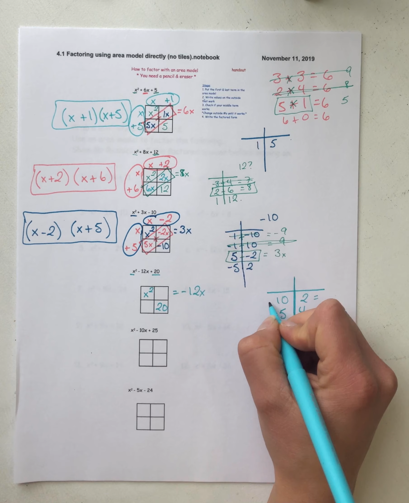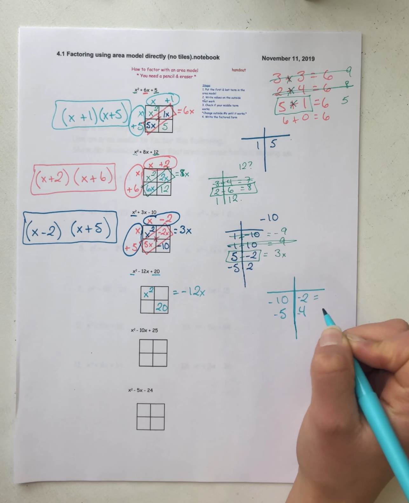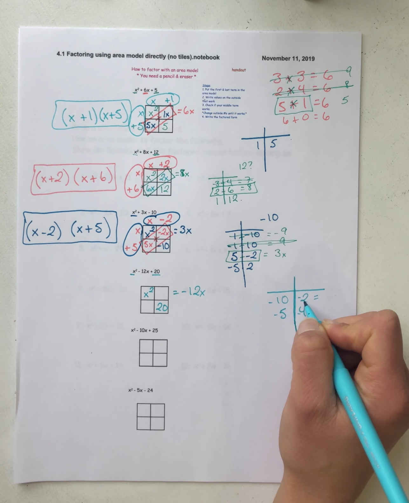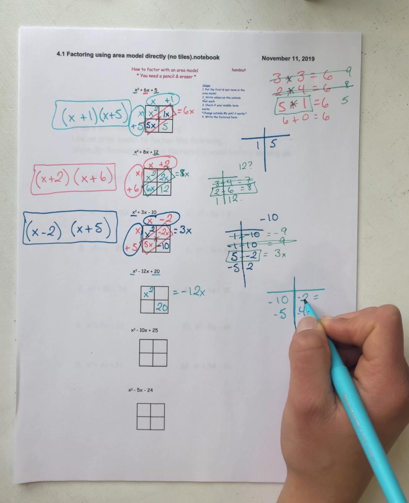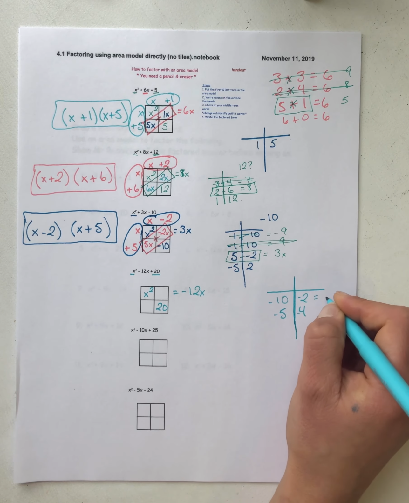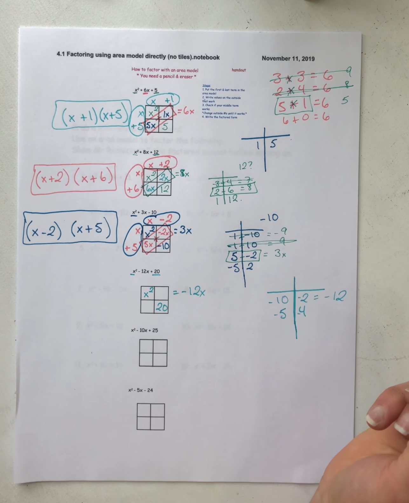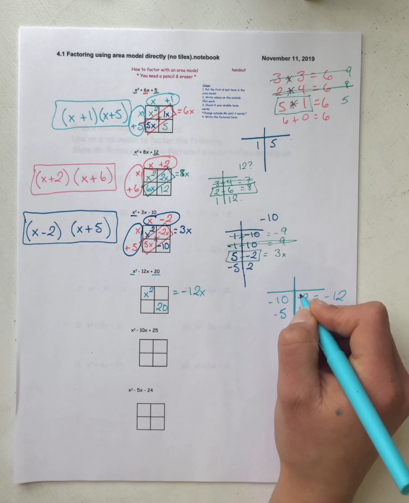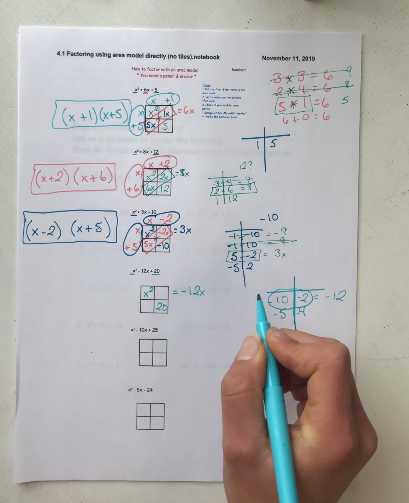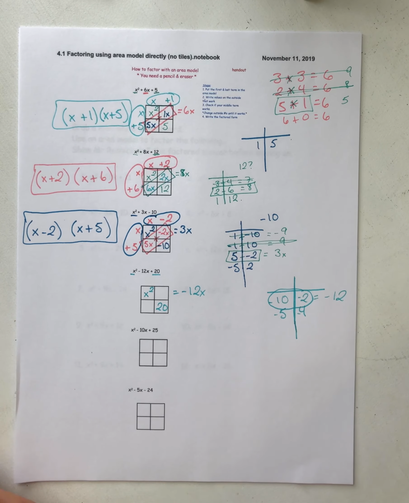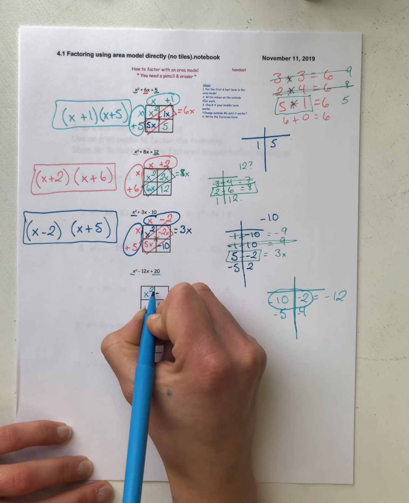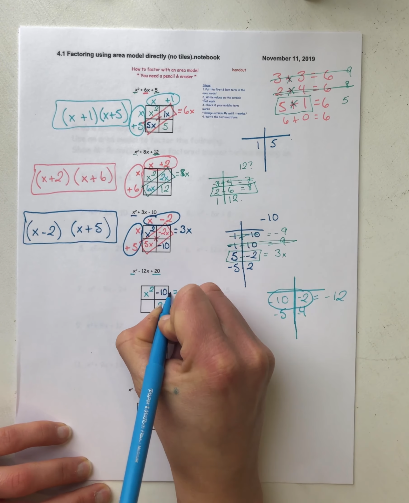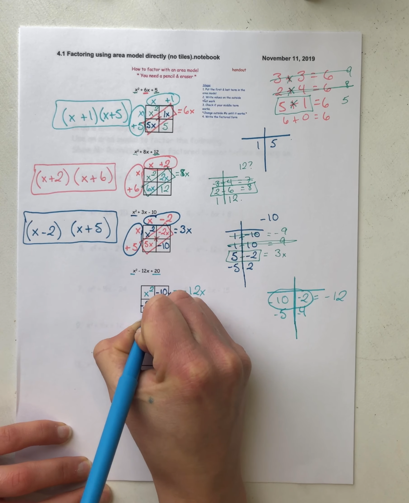Okay, well, what if we add a negative sign in front, right? Because negative 10 times negative 2 is going to give me a positive number, right? So does this equal negative 12? Yeah, it does. So we can use these two and plug them into this box over here. So we have negative 10x and negative 2x.